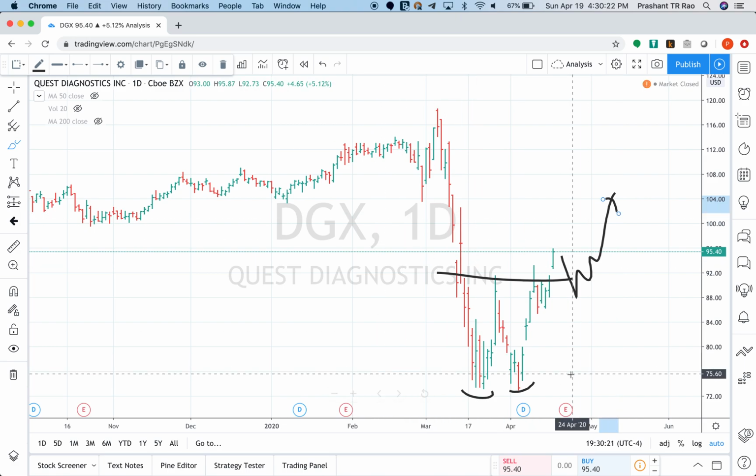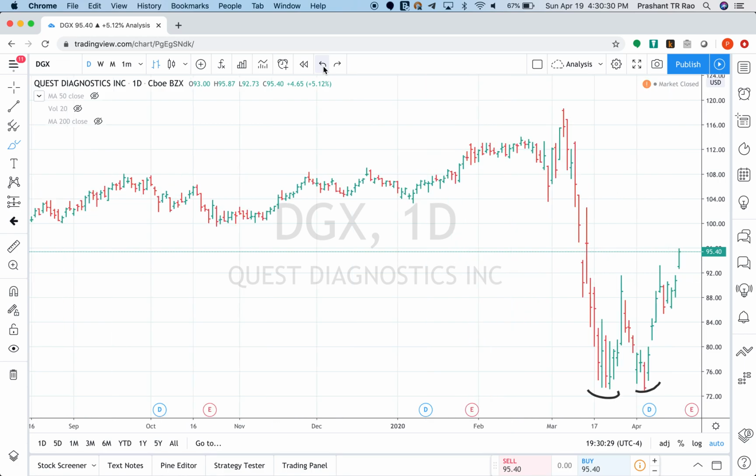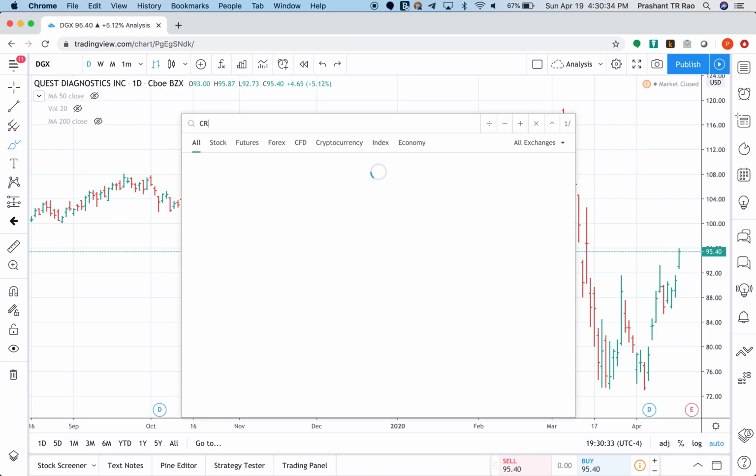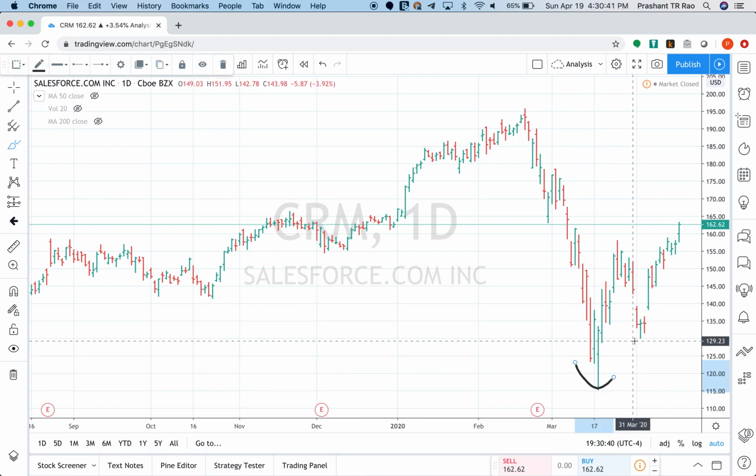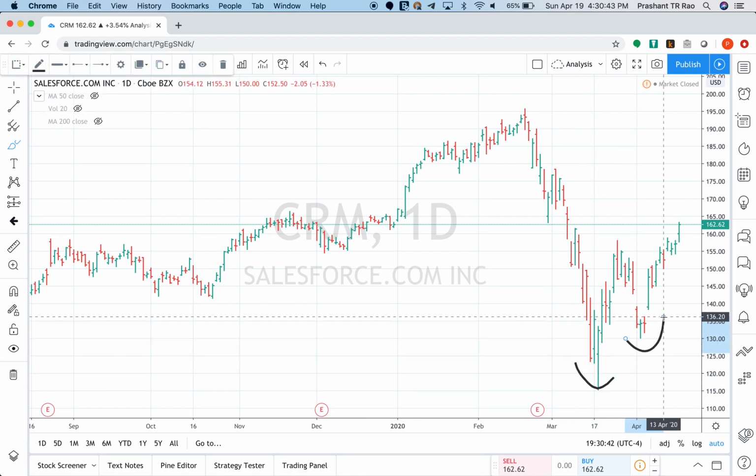So this is an example of a double bottom, and you can see that in quite a few situations. So let's maybe look at another chart where we see something like this. Let's take a look at Salesforce. You can see it's an Adam and Eve bottom, it's a double bottom.